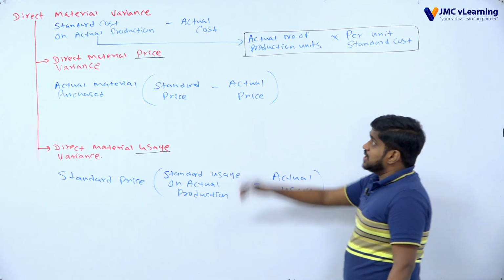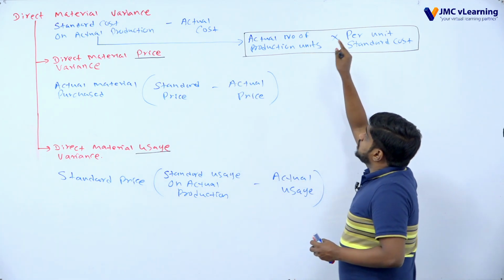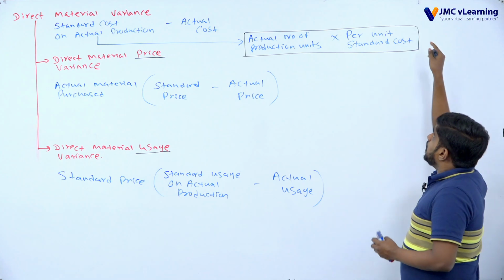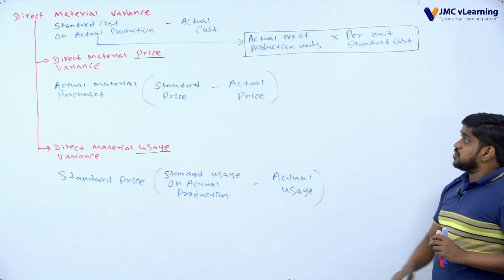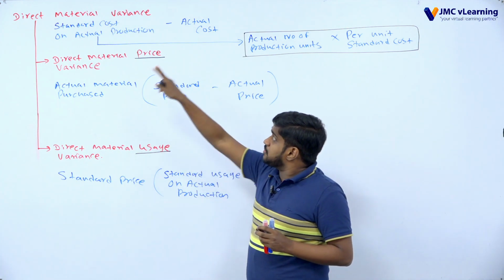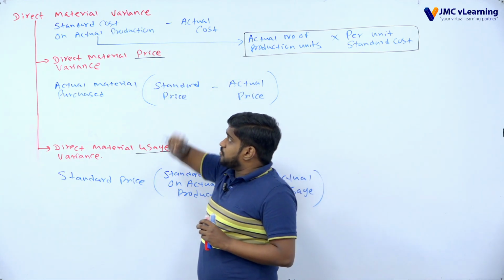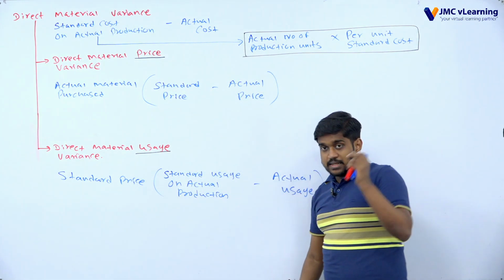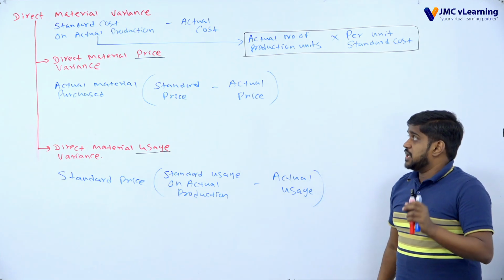Then how can we calculate? Actual number of production units, we can multiply it by what? We can multiply it by per unit standard cost. Then we can get standard cost on actual production. Then difference between standard cost on actual production and actual cost, we can get as what? Our direct material variance.